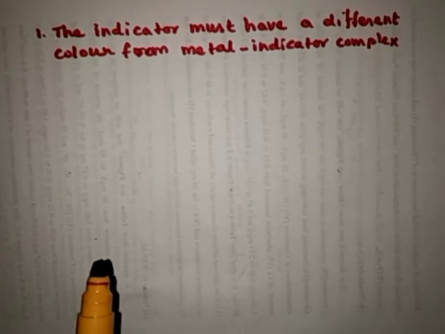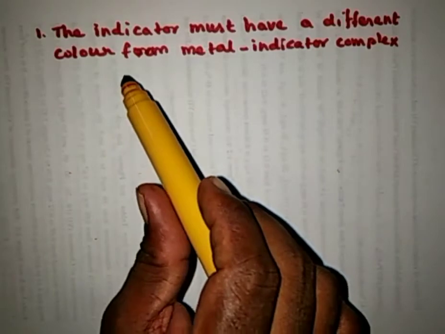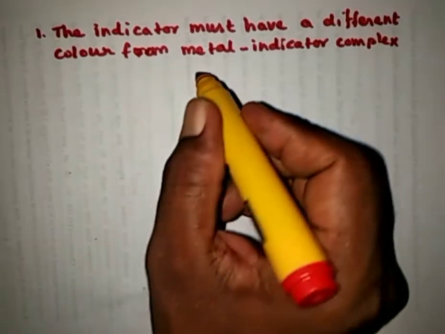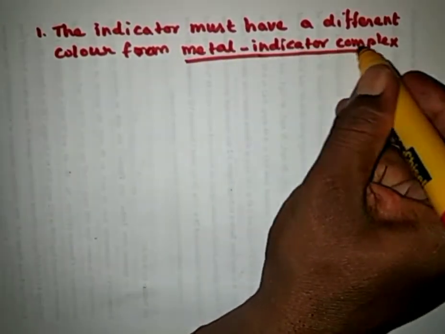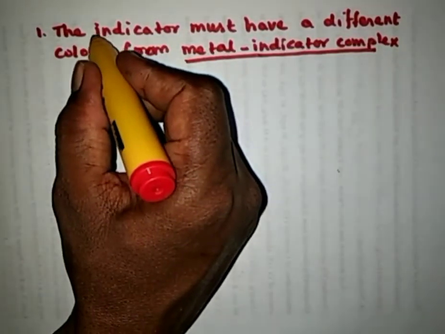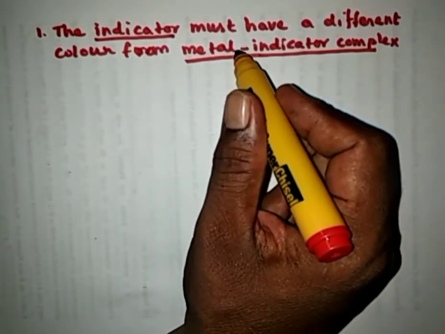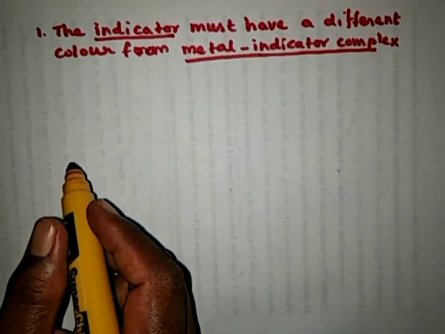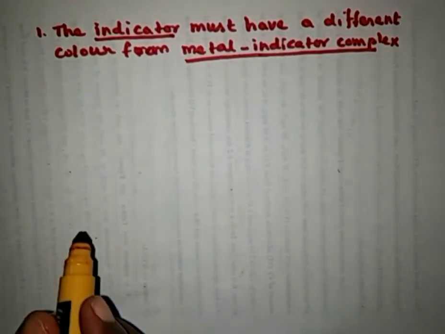When we use the indicator, it must have a different color from the metal indicator complex. That is, the indicator should have a different color from the complex formed. This is very important, because only then can we distinguish the color and do the estimation.